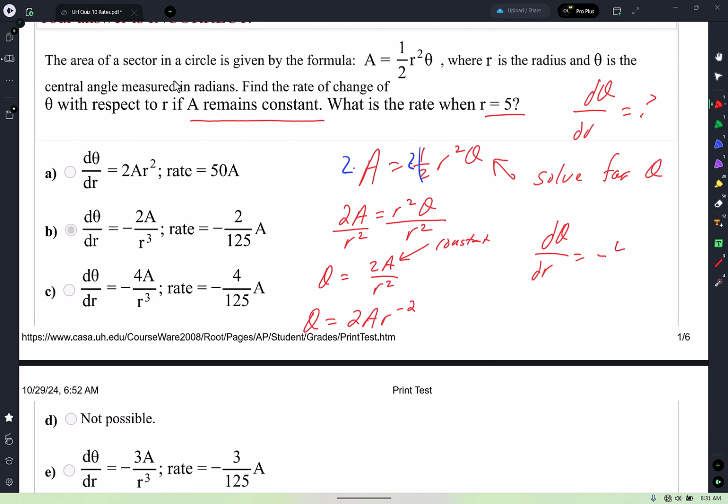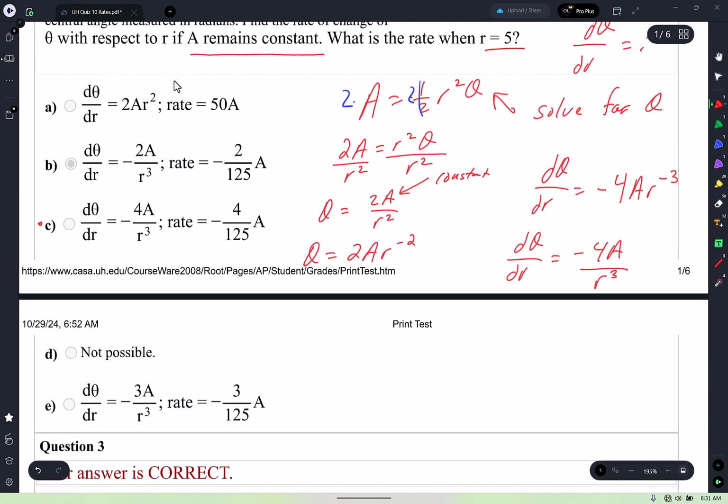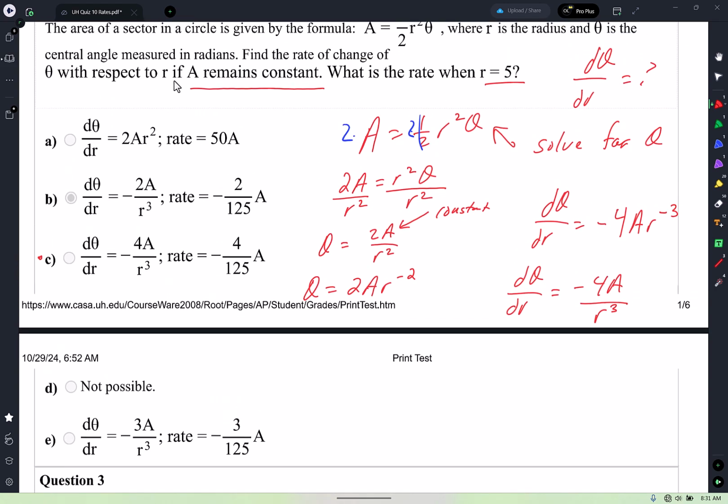Oh, what's 2 times negative 2, guys? Negative 4 A r to the negative 3. They're not going to have it written like that. So look for d theta/dr equals negative 4A over r cubed. So negative 4A over r cubed, maybe. And it looks like it has to be letter C.